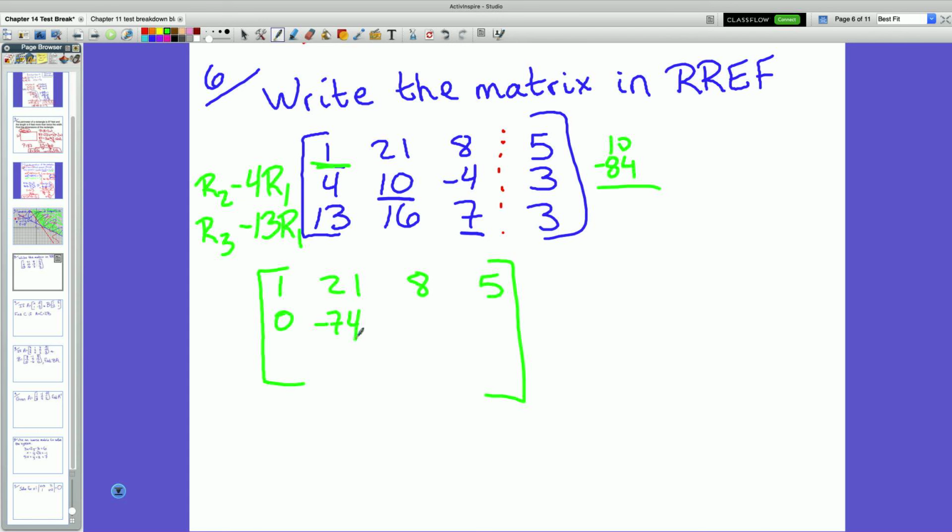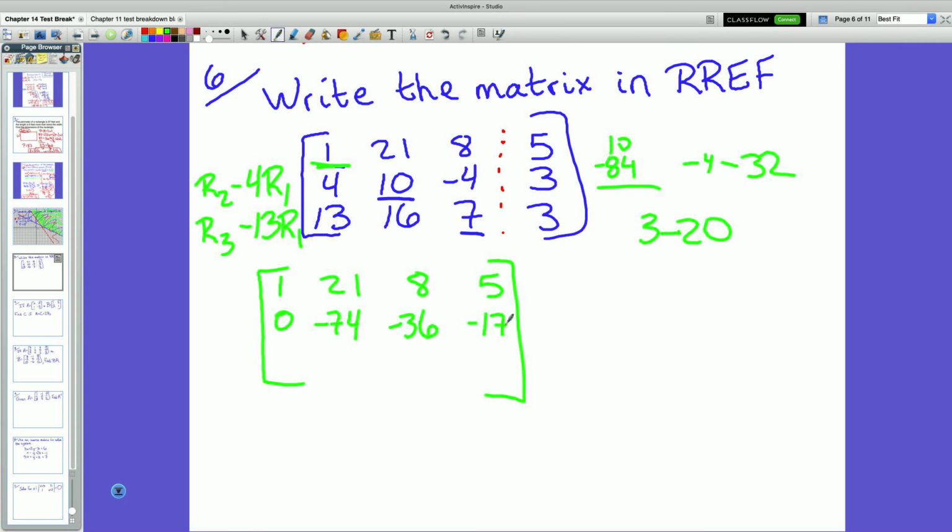Yeah, this is going to get ugly really fast, isn't it? Okay. Then negative 4 minus 32, so that would be negative 36. And then 3 minus 20, so that would be negative 17.